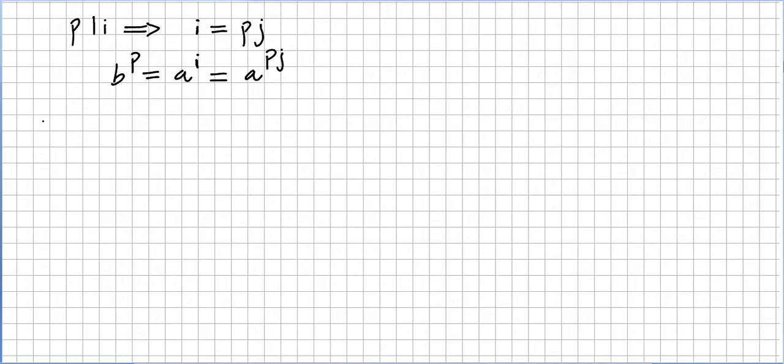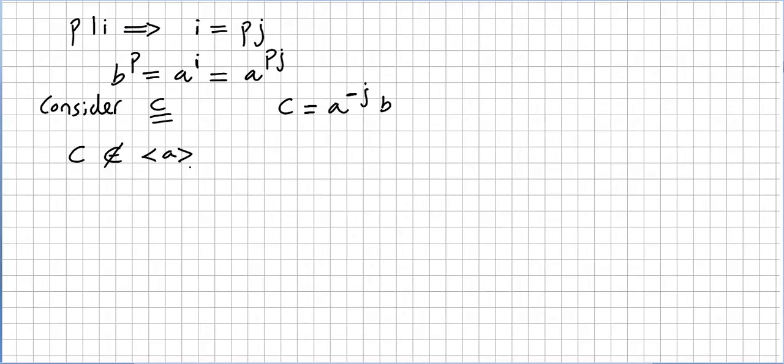Okay, now we are going to consider an element here, an element C. Okay, let us say that C is A to the power of minus J times B. Okay, it's obvious that C is not in the set generated by A, because if C was in the set generated by A, B would be also in the set generated by A, and that's not true.